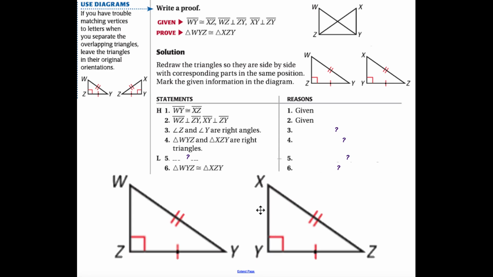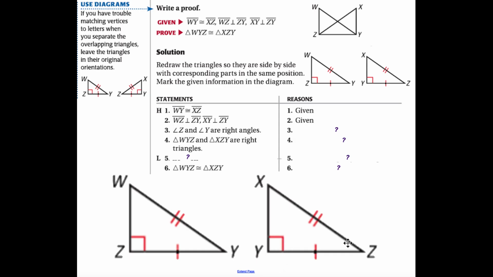Okay, notice that they told us in the proof that WY and XZ were congruent, so those are labeled. And they told us in the proof that I had some perpendicular segments, WZ and ZY. Okay, and so that's why I have a right angle down here, and XY and ZY were congruent. That's why I have a right angle down here.